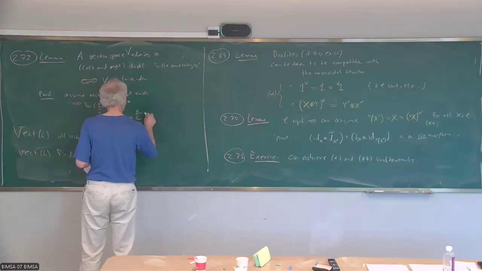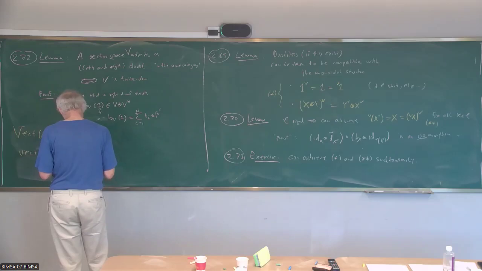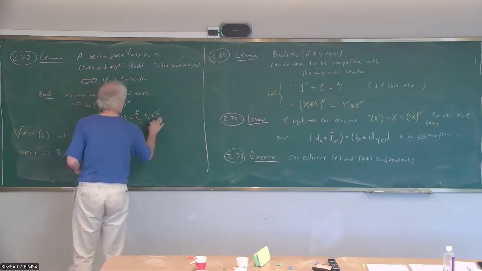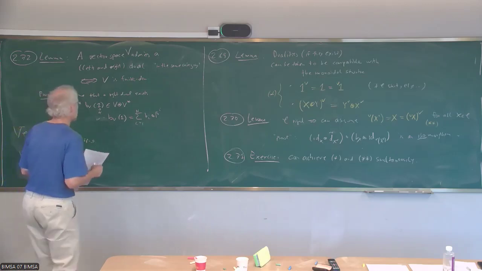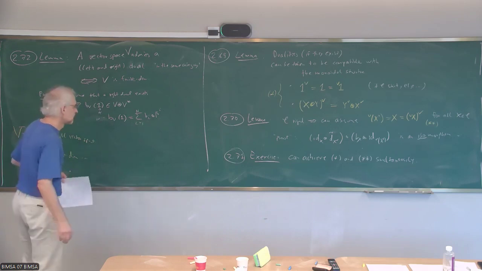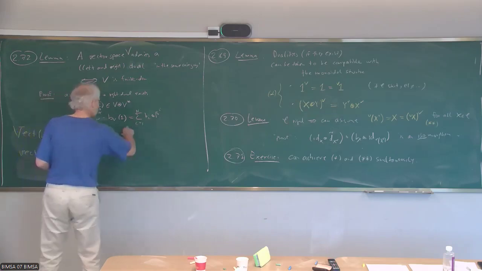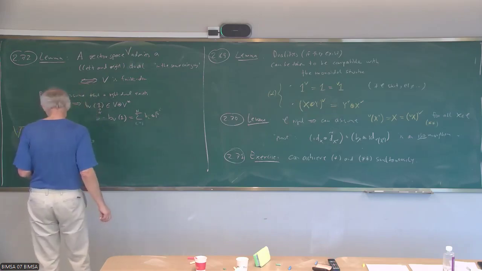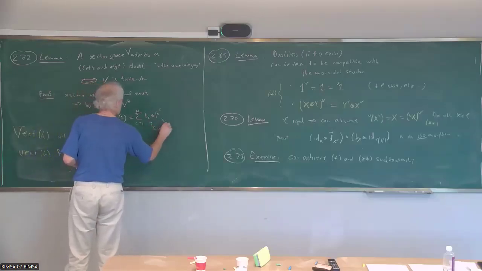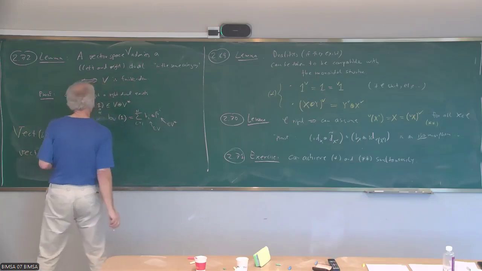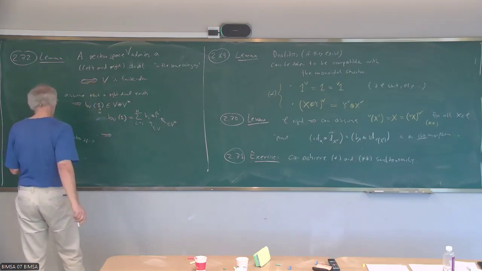I think I wrote x_i, but let me write b_i tensor beta_i, where I can take these to be bases, but actually I don't have to use bases. I only have to use that I can write this as a finite sum for suitable elements in V and V star, and then using the snake identities. Here I should write dots.